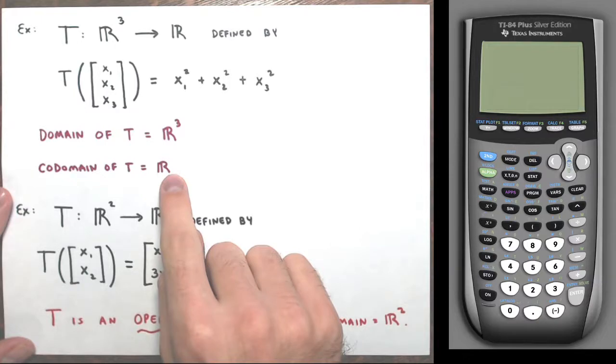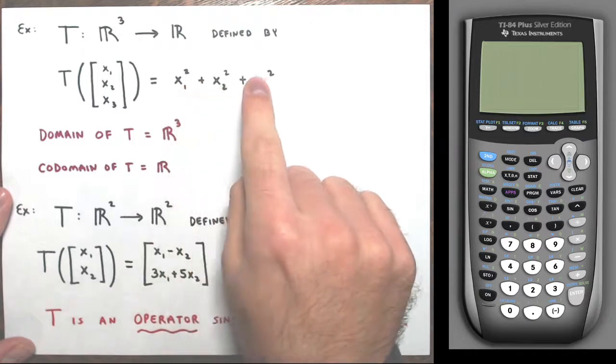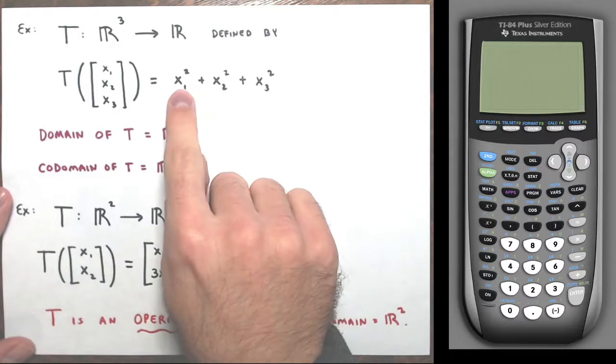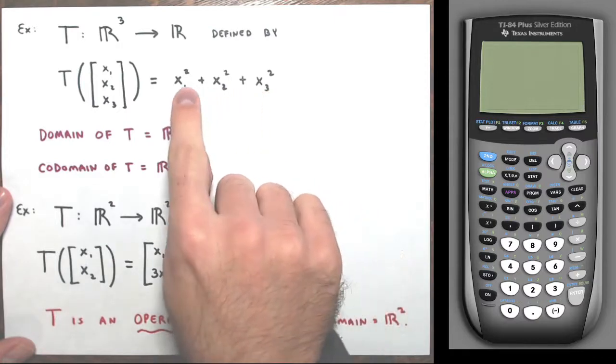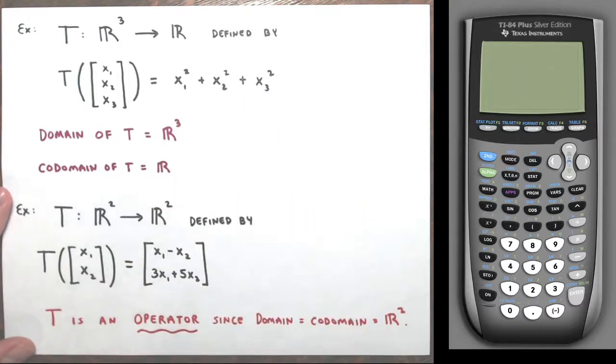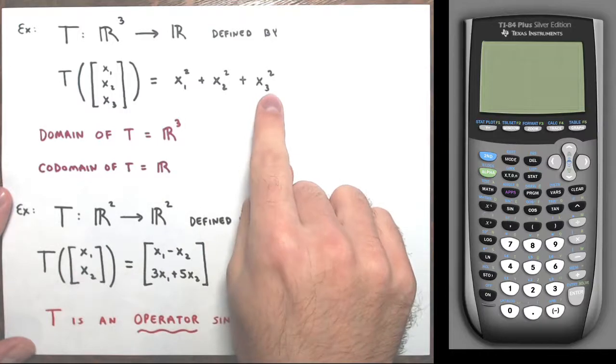This is not the range, because if I have x1 squared plus x2 squared plus x3 squared as my output, this will never be negative. Remember, when you take any real number and square it, it's non-negative.